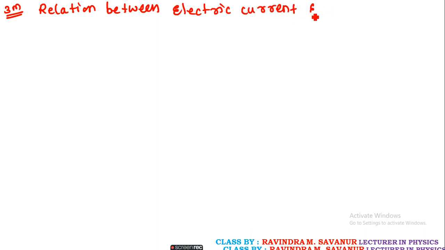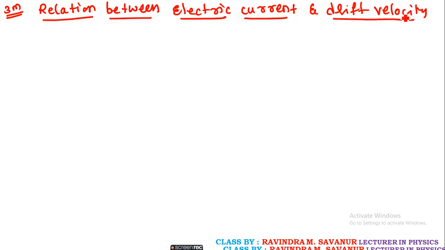Now we are making a relation between electric current and drift velocity. The symbol for electric current is I, and v_d stands for drift velocity, because you already know drift velocity. Now you know current, so we will do the correlation. You have to derive this, and it is a 3 marks question.